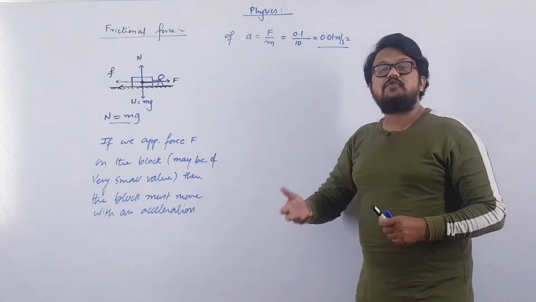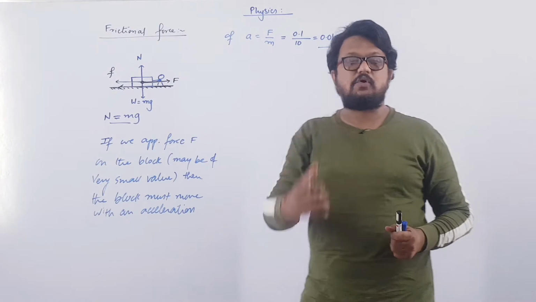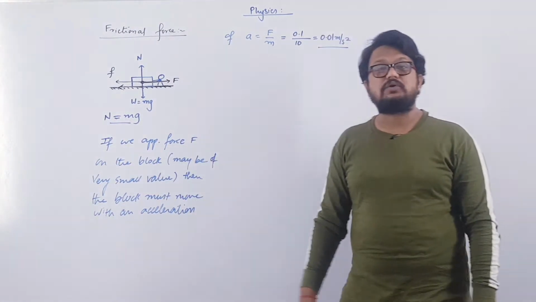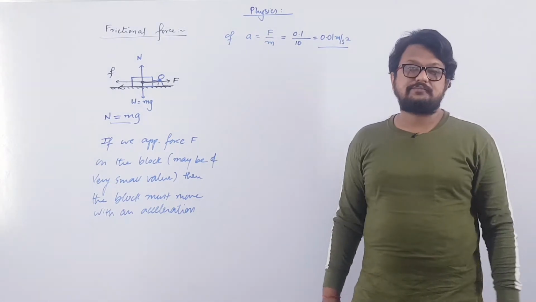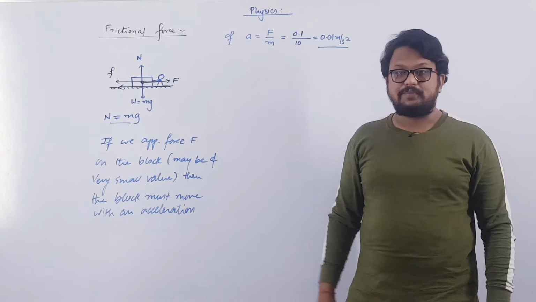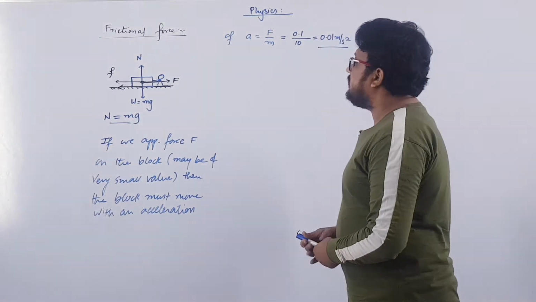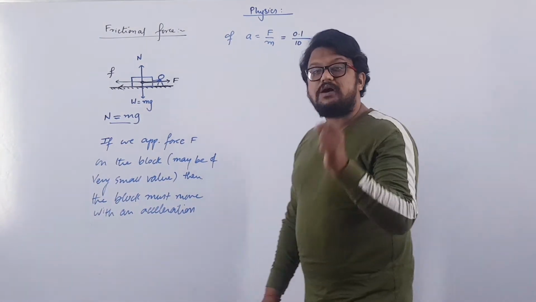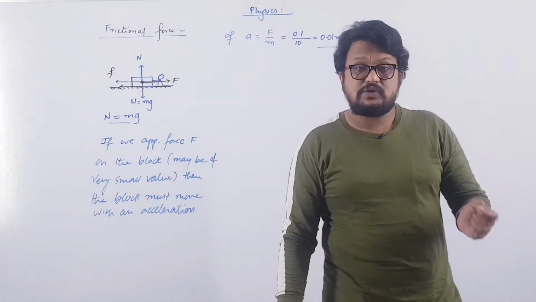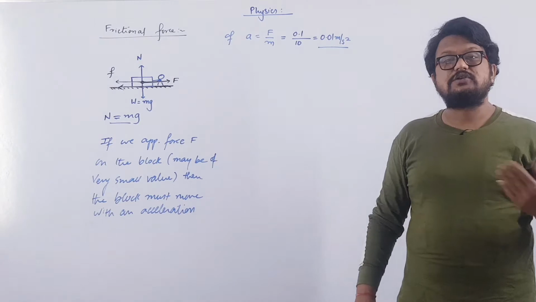Now suppose you increase the applied force by a small amount, and yet the body is not moving. It means that the frictional force will also increase on its own. One most important thing is that frictional force will come into play only when an external force is acting on a body. As soon as the external force is zero, the frictional force will be zero.